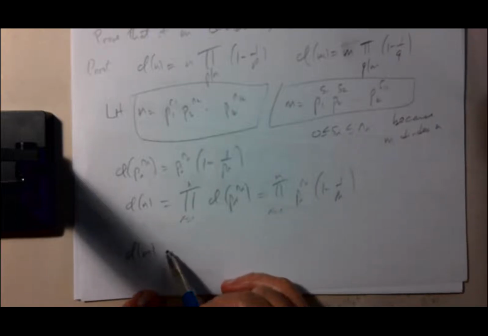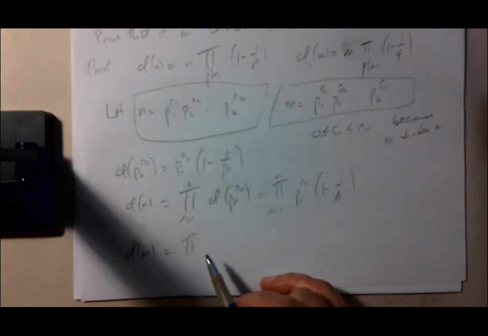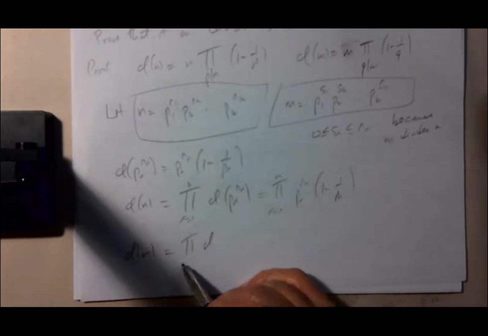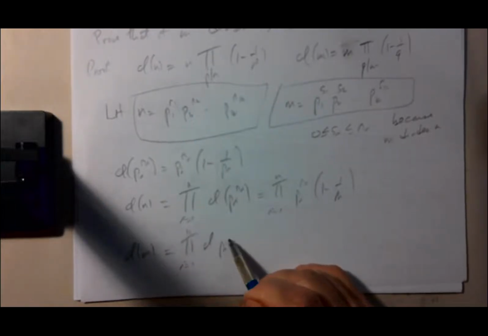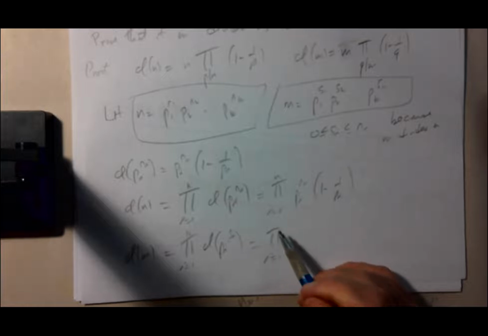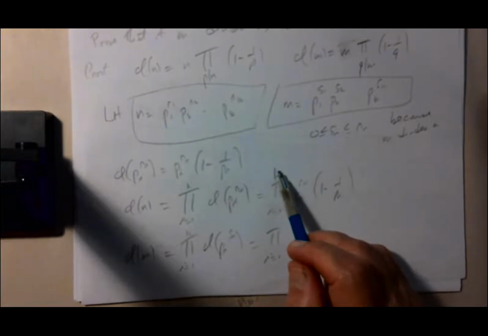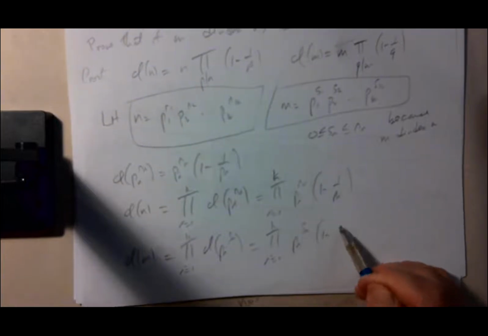And phi of m is the product, i goes from 1 to k, of phi of p sub i to the s sub i, which is the product, i goes from 1 to k, of p sub i to the s sub i, times 1 minus 1 over p sub i.